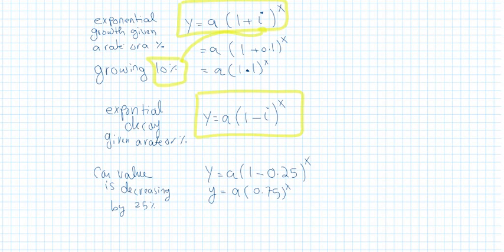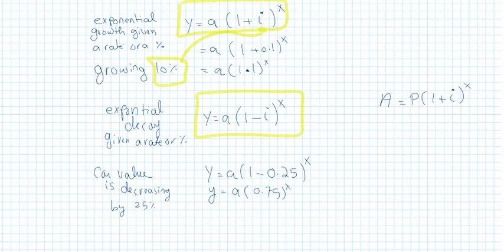Now, you're going to see different versions of this equation. So you might see a version that looks like this, you don't have to write this. They change the letters. Who cares?